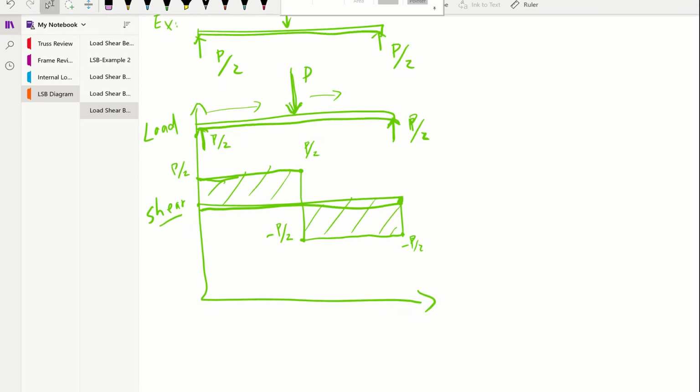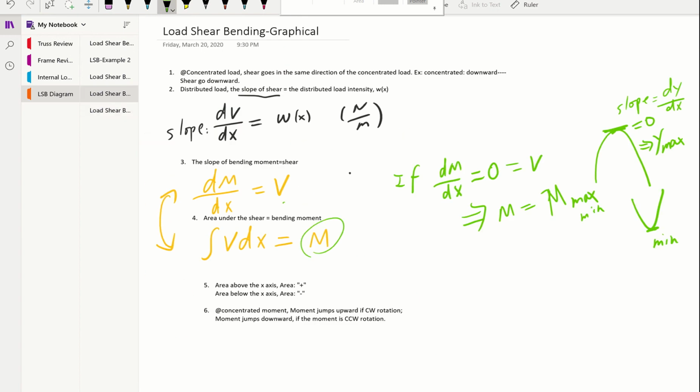Now let's look at the last tier, which is our bending. For our bending, we're going to go back to our rules. Rule number 2 does not apply for this one because there's no distributed load. However, rule number 3 and rule number 4 will apply. And from this, you have already figured out that the moment, the bottom tier, is basically the integration of the shear.